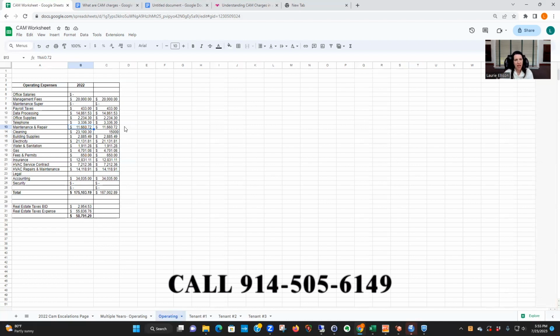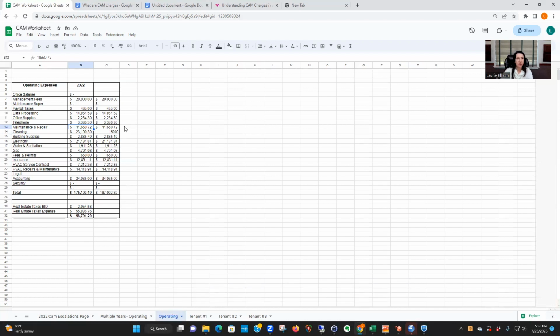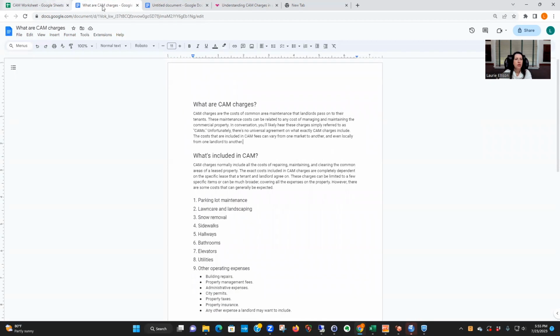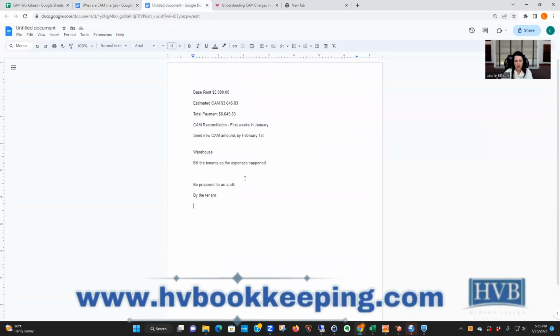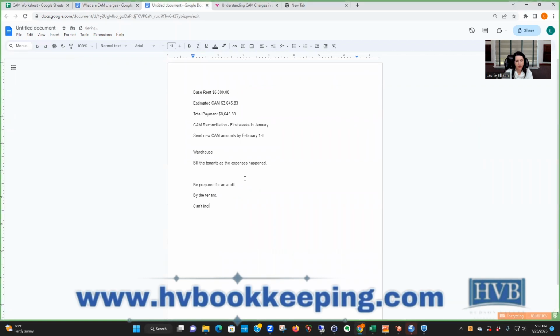The other thing I hear from people a lot is what you cannot include, and that is capital improvements. You cannot include anything that's a capital improvement. You know what they are, and you all want to expense them, but you can't.